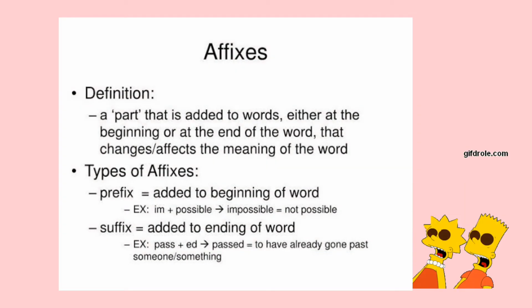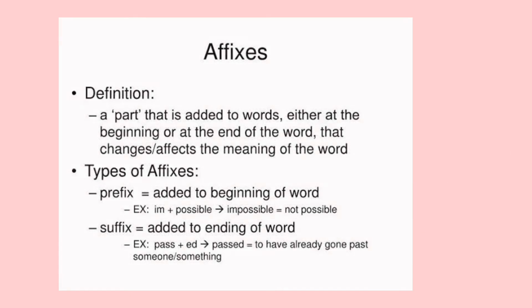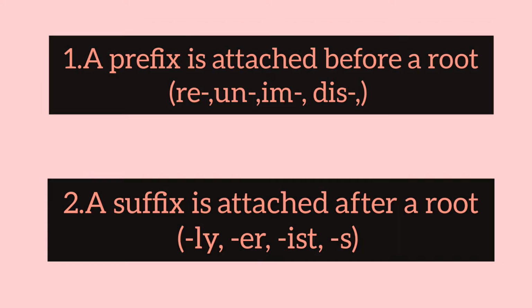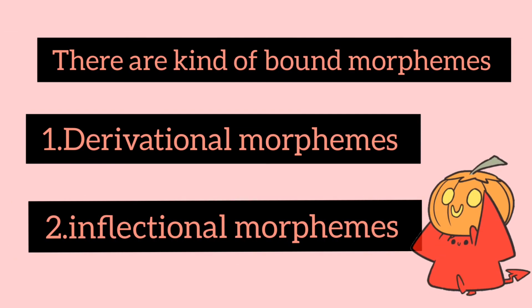An affix is a morpheme that can be added to a word and which changes the meaning or function of the word. There are two types of affix. A prefix is attached before a root. A suffix is attached after a root. There are kinds of bound morpheme.